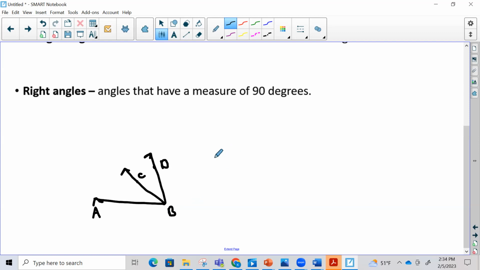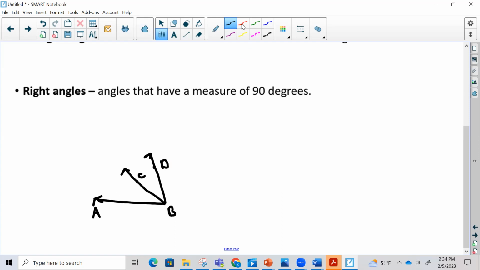You can't just say, in this case, angle B, because I don't know if angle B represents this whole angle, like angle ABD, or this angle ABC, or this angle CBD.